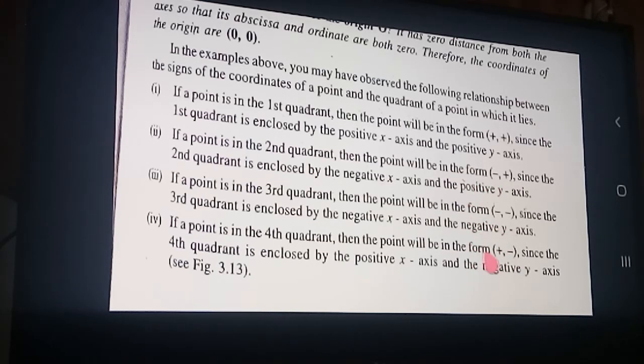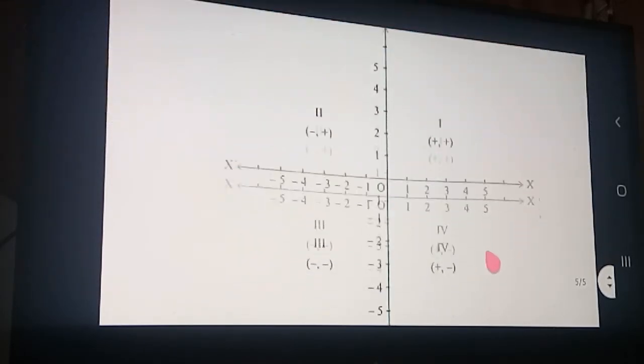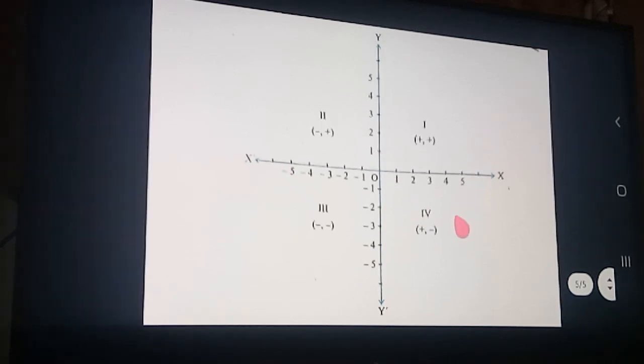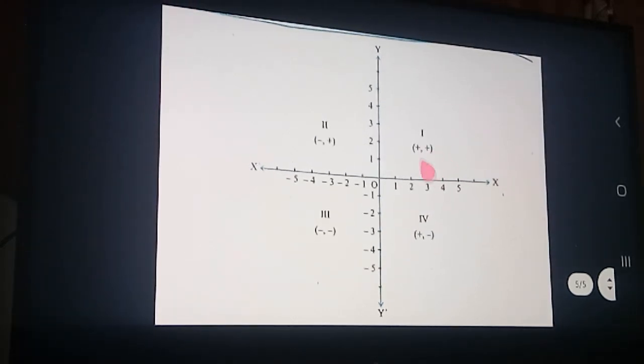See here, next page. This diagram I already explained in the previous video. In the first quadrant both are plus, second quadrant minus plus, third quadrant minus minus, and fourth quadrant plus minus.